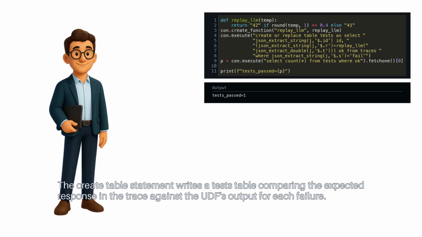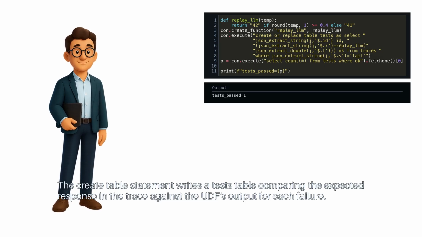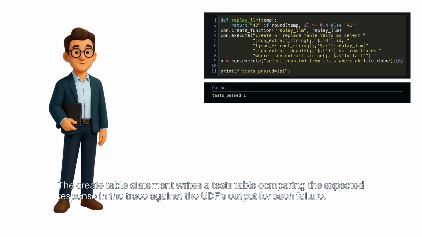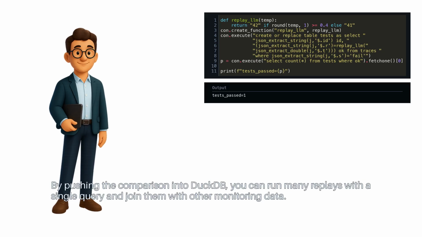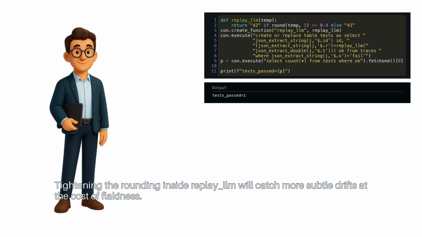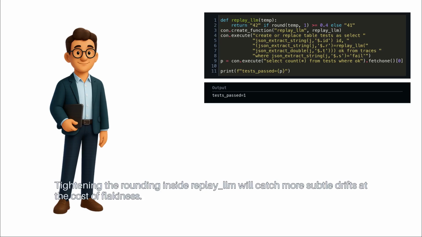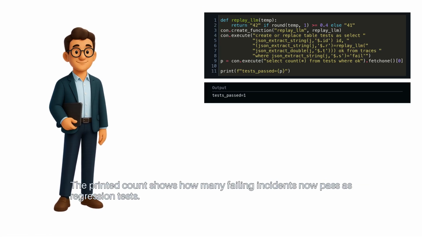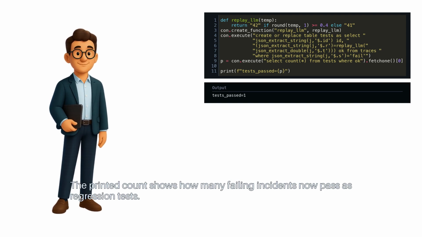The create table statement writes a tests table comparing the expected response in the trace against the UDF output for each failure. By pushing the comparison into DuckDB, you can run many replays with a single query and join them with other monitoring data. Tightening the rounding inside replay LLM will catch more subtle drifts at the cost of flakiness. The printed count shows how many failing incidents now pass as regression tests.